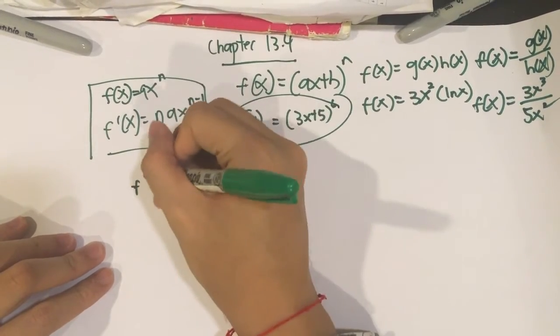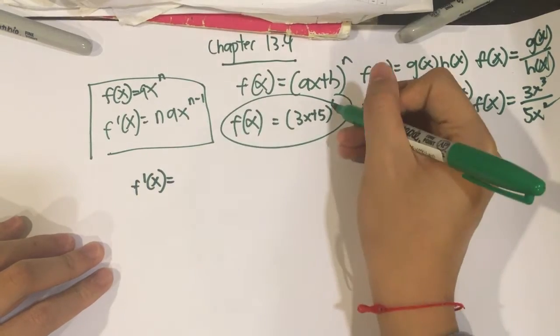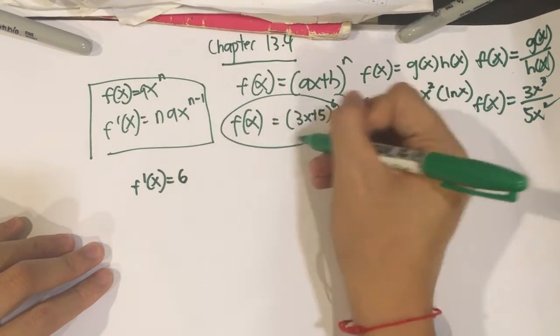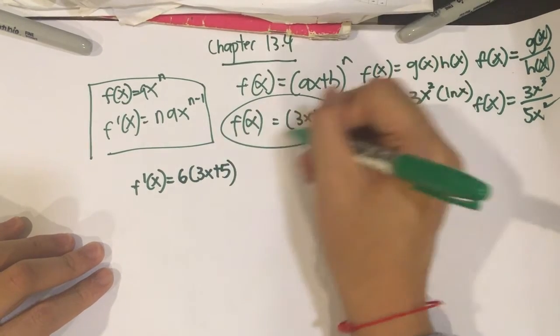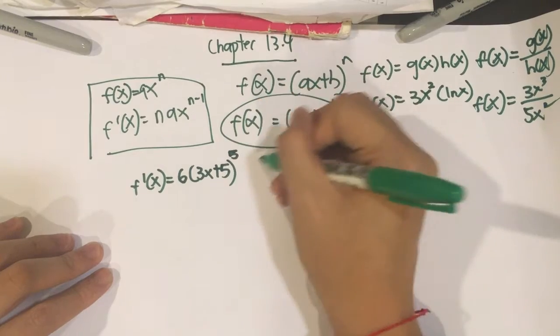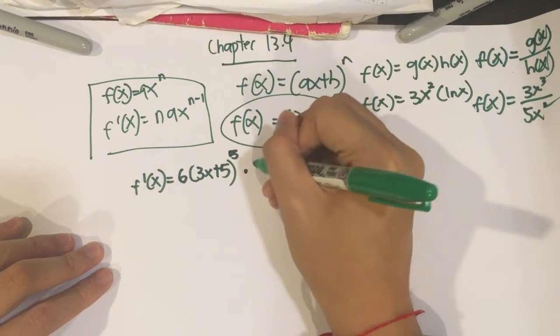So f'(x) for this one would be bringing out the power, which is 6, bringing it down, similar to this case, 3x + 5, and then take down the power on top, and then times by the derivative inside.